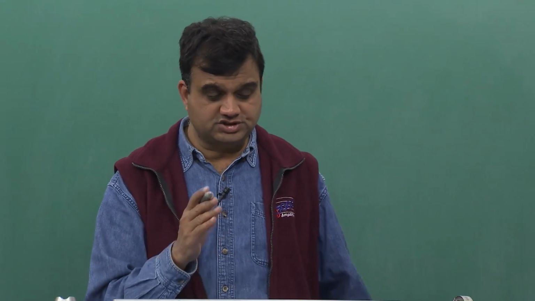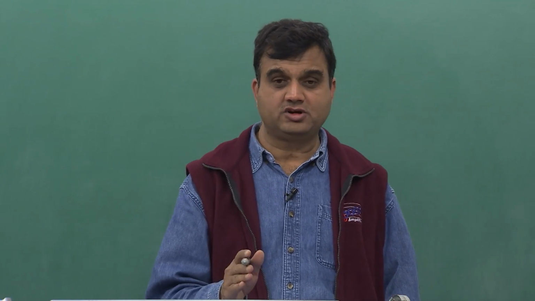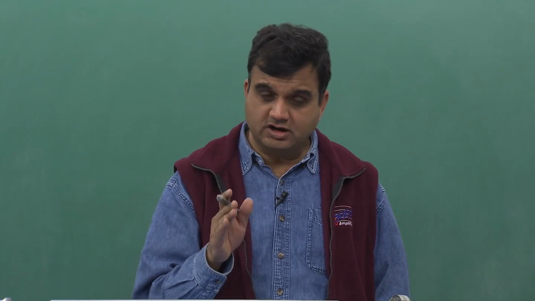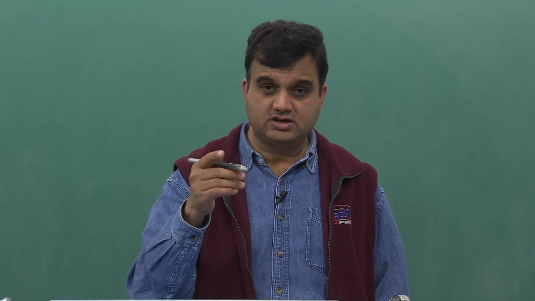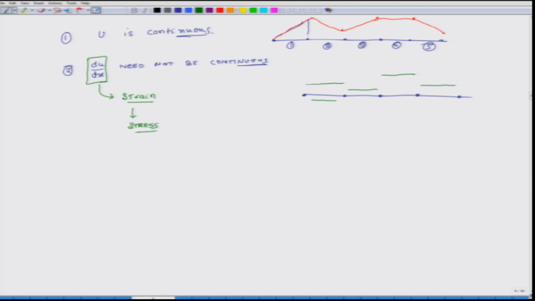So, strains will not be continuous, stresses will not be continuous, thermal gradients will not be continuous, because thermal gradient is del T over del X. All these derivatives of fundamental quantities will not be continuous for second order boundary value problems, because we never ensured their continuity.